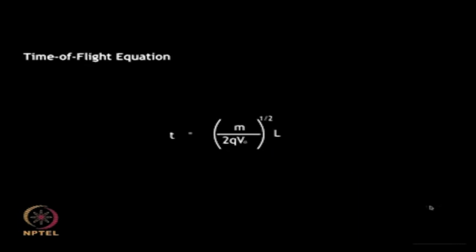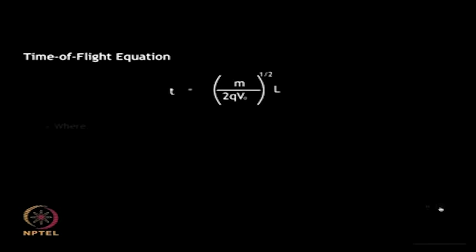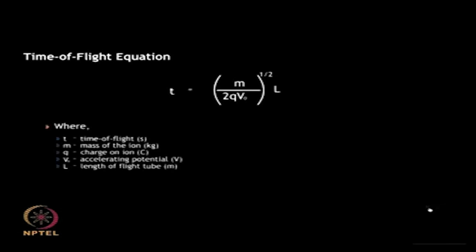The time of flight of a charged ion can be calculated by means of the equation shown here. The flight time is directly proportional to the square root of mass of the ion.